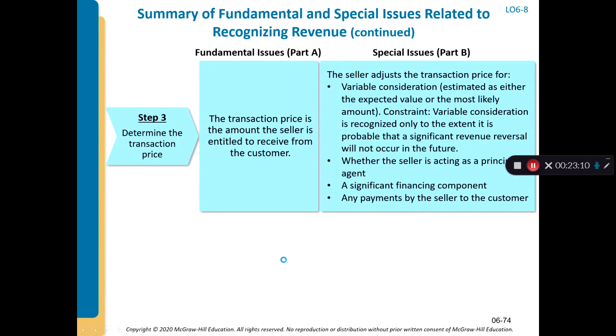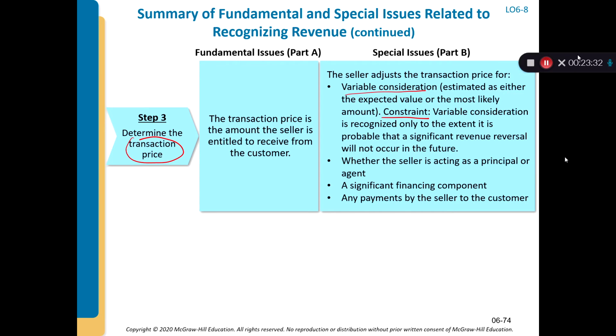Okay, and step 3 is pretty complex, right? We say that in determining the transaction price, there are so many scenarios. The first scenario is variable consideration, and we also need to consider the constraint of variable consideration. Then we want to identify who is the seller and who is the agent, and we don't want to commingle that.